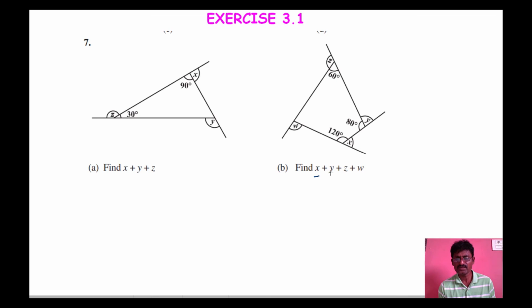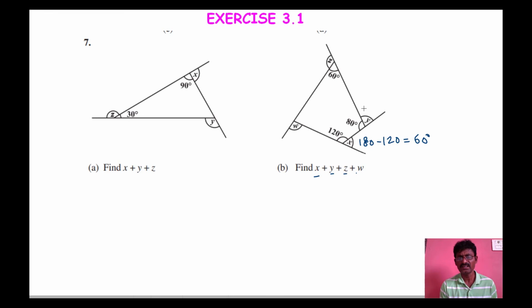Here we need to find out x plus y plus z plus w. First let us see x. X and 120, these two are linear pair. So x will be equal to 180 minus 120, which is equal to 60 degrees. Similarly, y and this 80 degrees, these are linear pair. The sum of those two angles will be equal to 180 degrees.